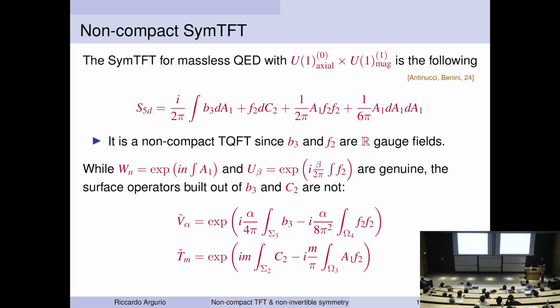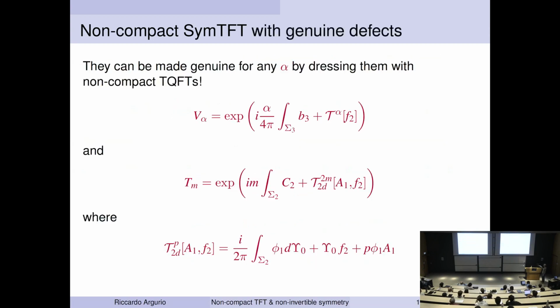Very good, and then we can proceed and look at the operator content of this symmetry TFT, and we realize that because of this term, some operators are non-genuine. In other words, these operators have a higher dimensional surface attached to them. But there is a very similar trick that these operators can be made genuine.